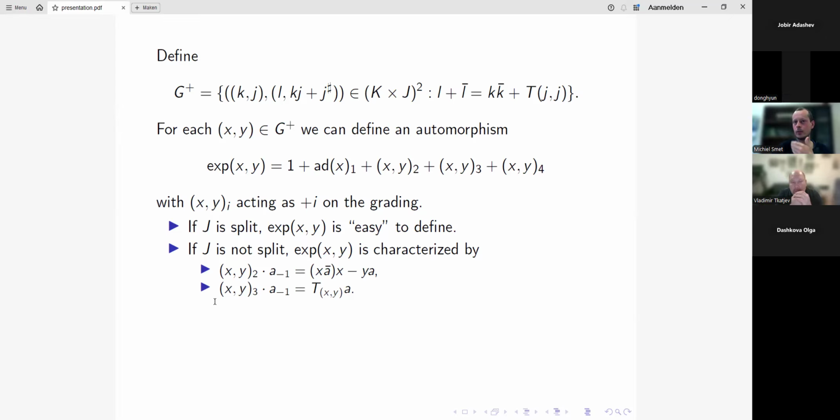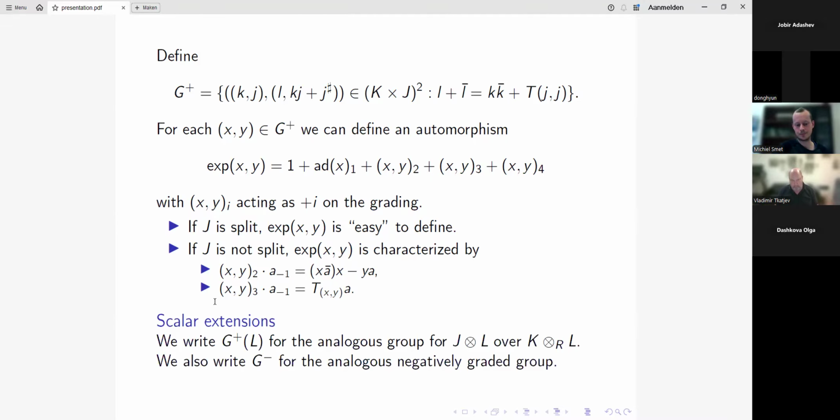Then you can use the easy definition of the exponentials, and then you can use a certain characterization of certain parts of these exponentials combined with the fact that it's an automorphism to see that the exponential of xy acts on the Lie algebra. I won't provide full definitions, but this is how you define them.